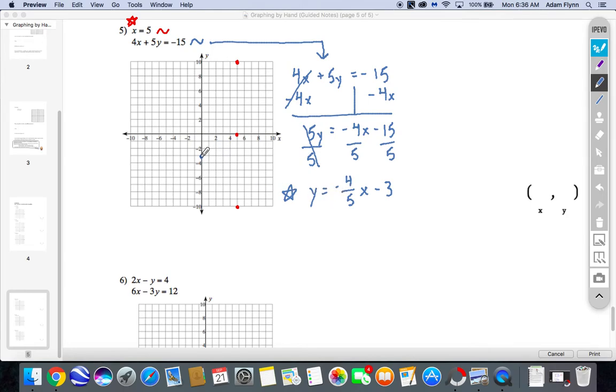So I will go down 4, 1, 2, 3, 4, and to the right 5. 1, 2, 3, 4, 5. I could also go up 4 if I wanted to extend it in the other direction. 1, 2, 3, 4. And to the left 5.